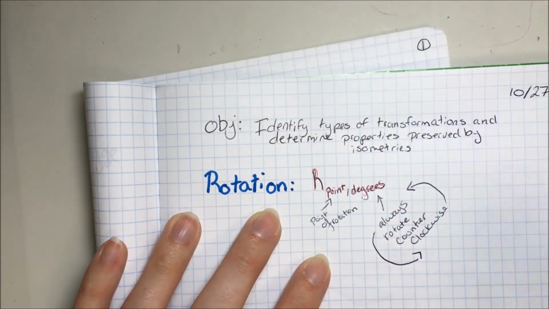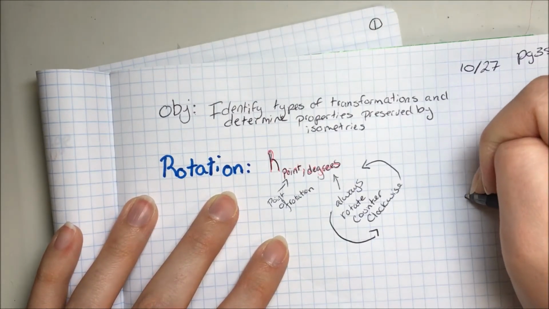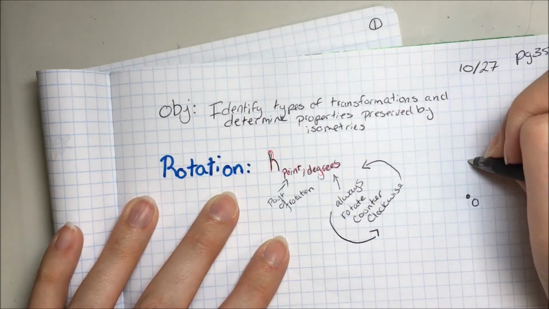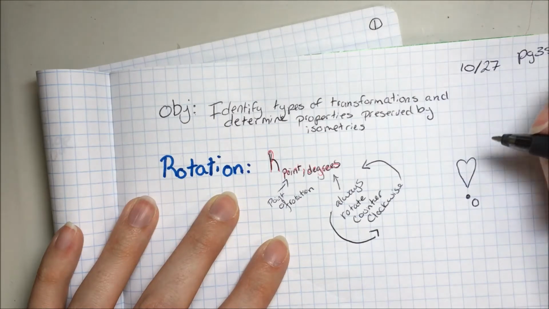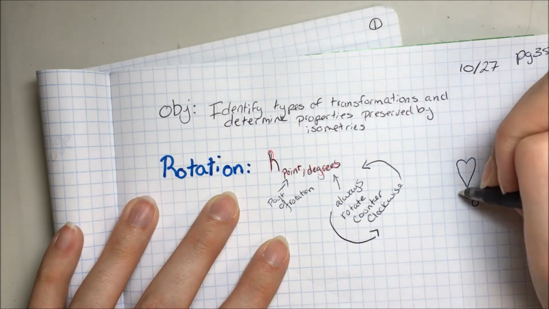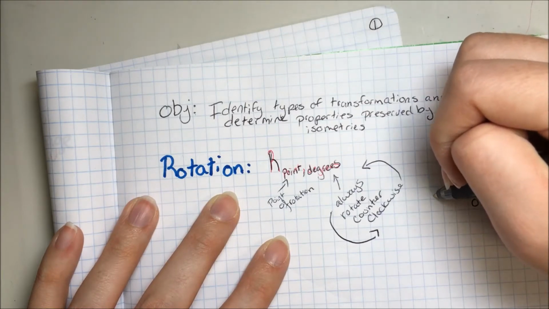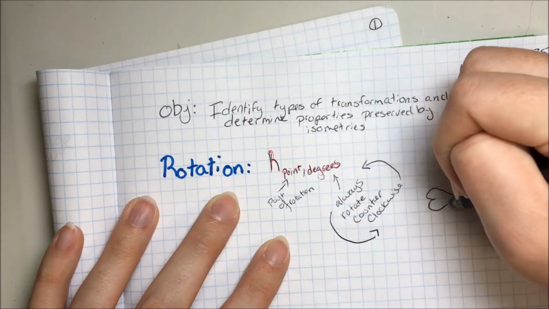So here's my example. If I were to have point O, and I wanted to rotate my heart 90 degrees around point O, it would look like this.